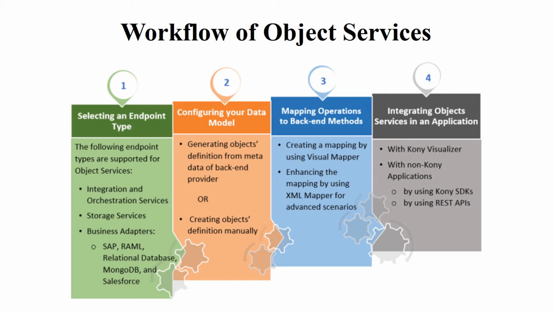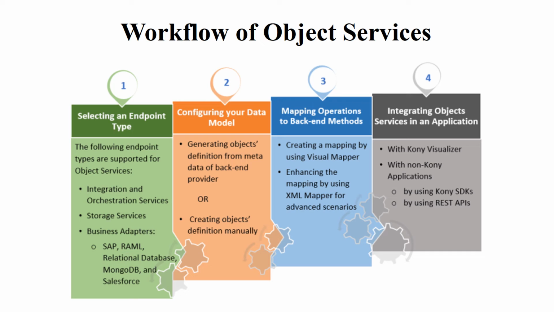And the third one is business adapters. Business adapters involve different types of models: SAP, RAML, relational database, MongoDB, and Salesforce. These are different organizations which come together and work as a business adapter, to facilitate using the different types of object services and integrating among them.